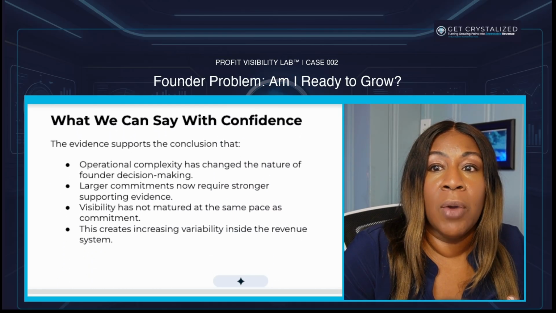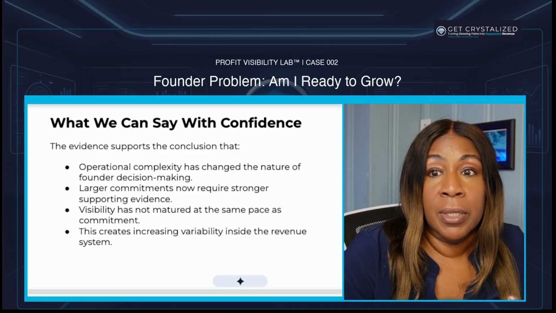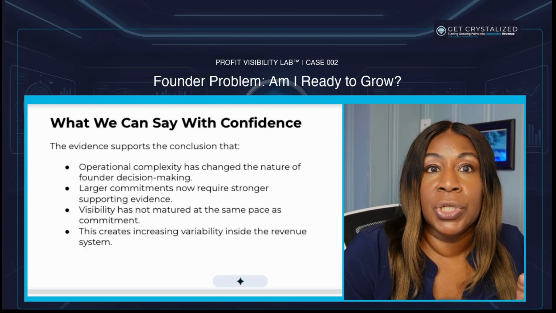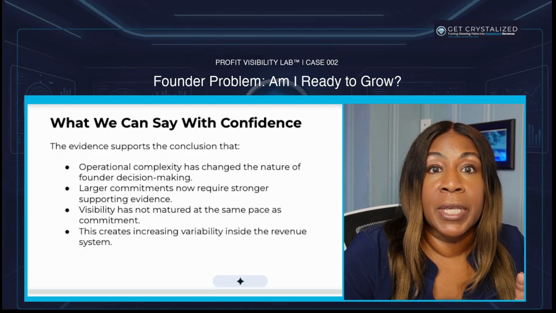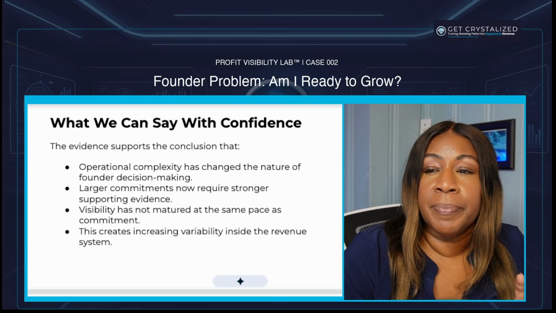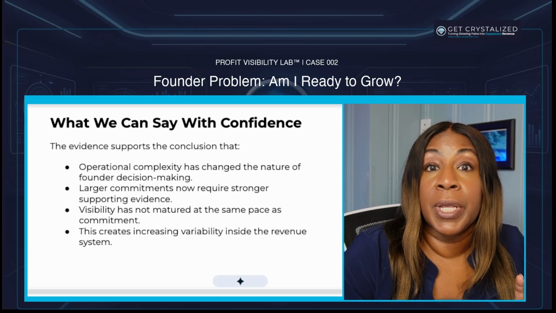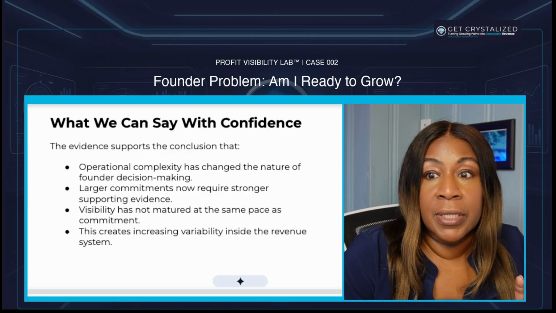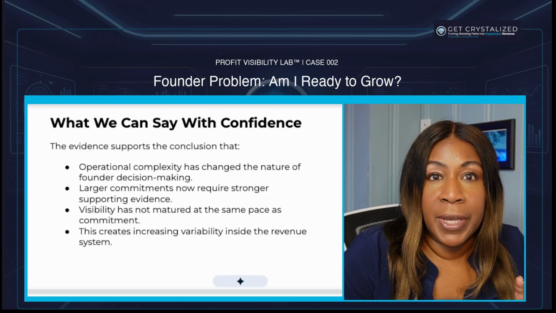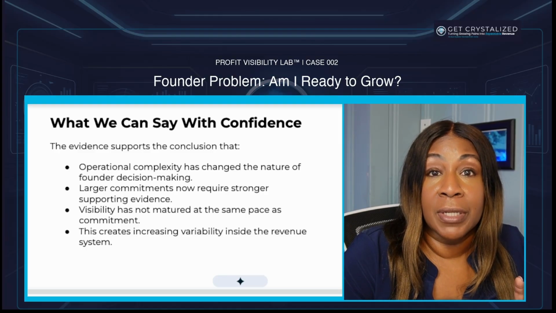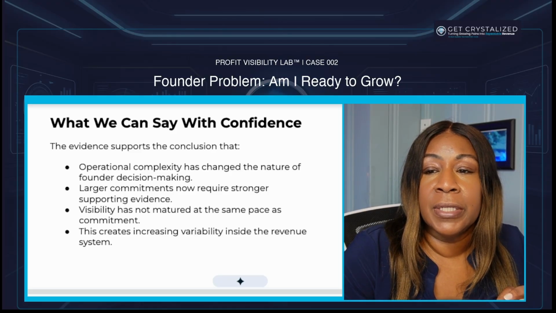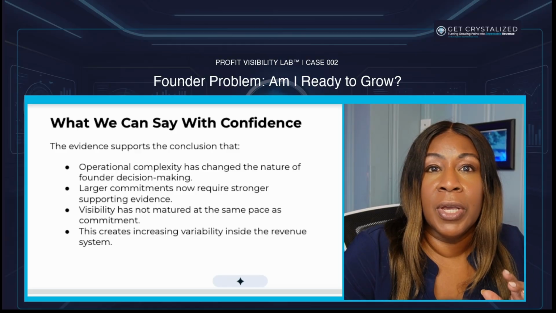Now, what can we say with confidence? The evidence supports a conclusion that operational complexity has changed the nature of founder decision making. Larger commitments now require stronger supporting evidence. Visibility has not matured at the same rate as the opportunities, perhaps, and the commitments that we make align with the opportunities. And this creates variability inside our system.